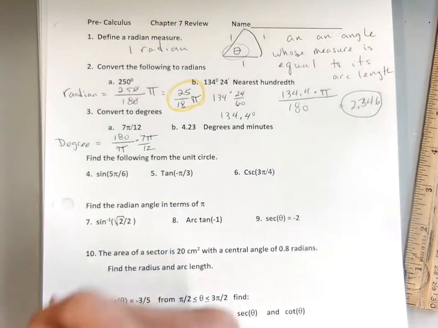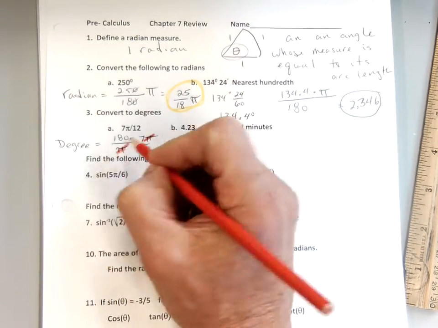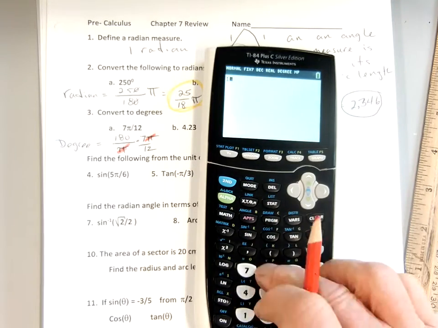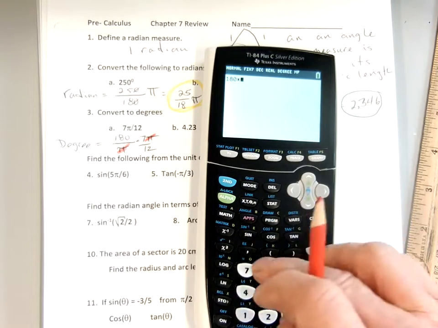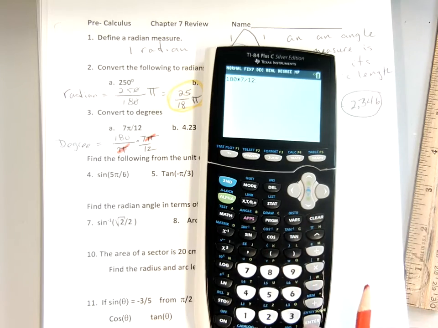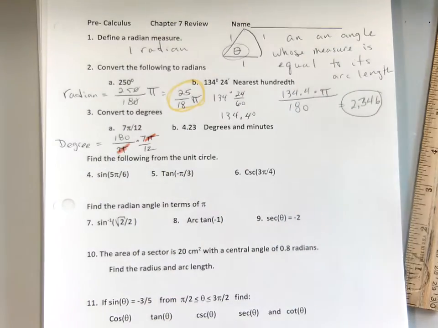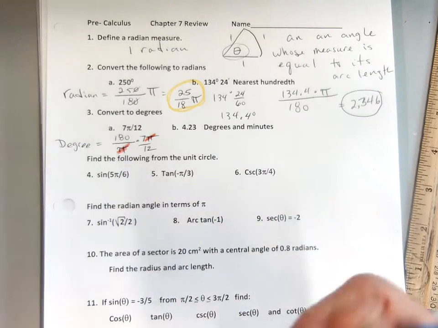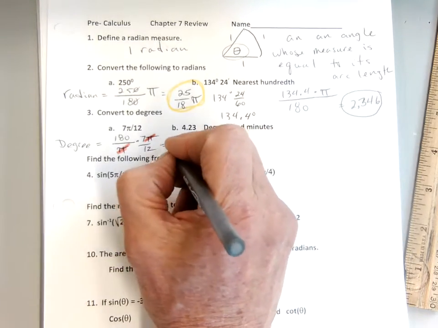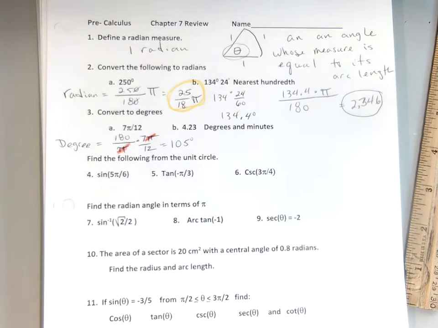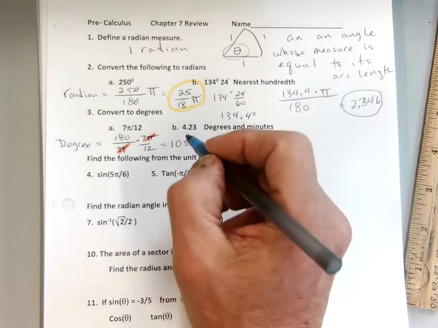So my pi's cancel. I'm just going to use my calculator. 180 times 7 divided by 12. About 105 degrees. Okay? Stop me if I get going too fast. What are you doing? Okay, 1 thumb up, 2, 3, 4, 5. Okay, good.